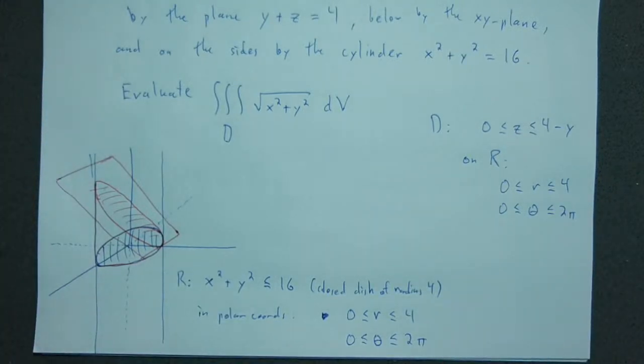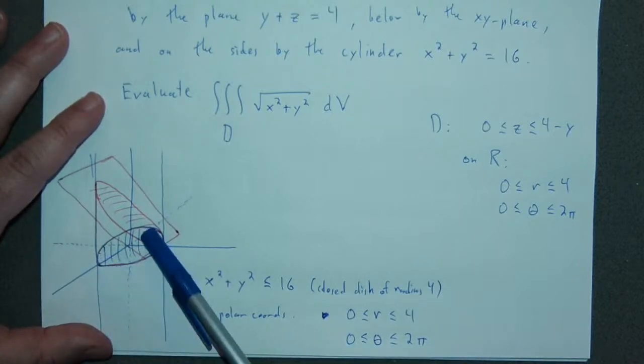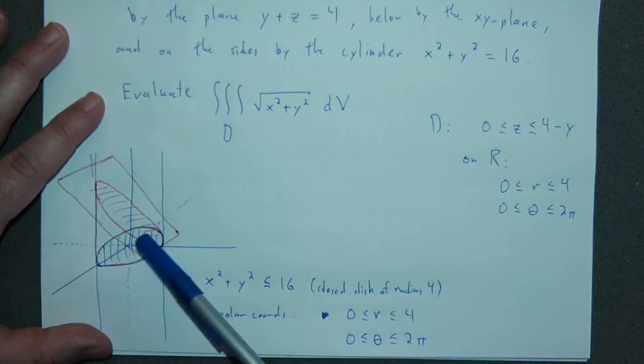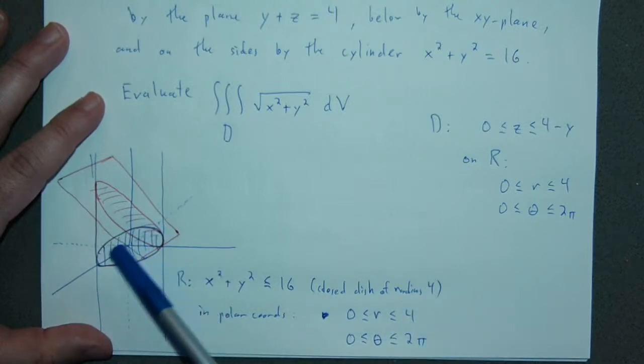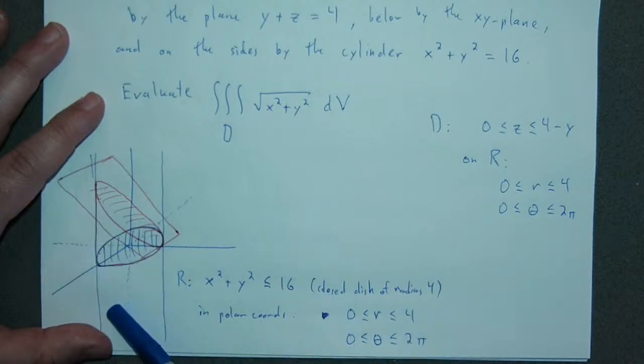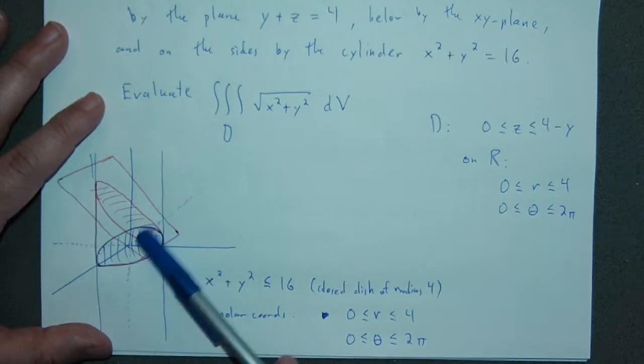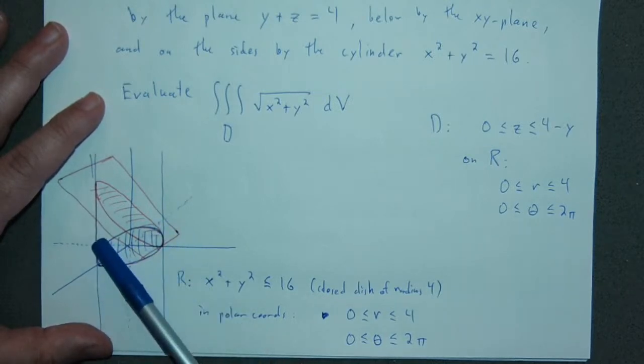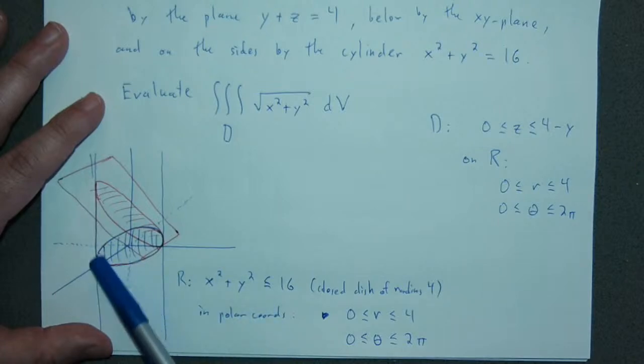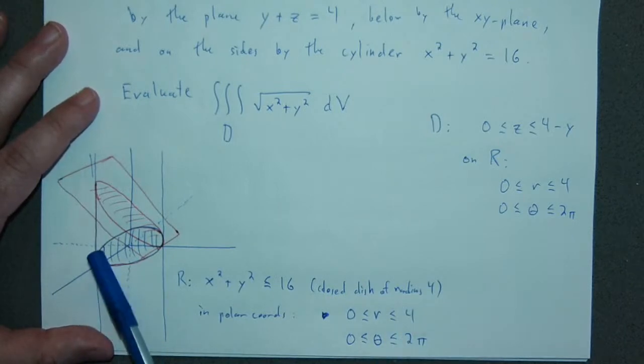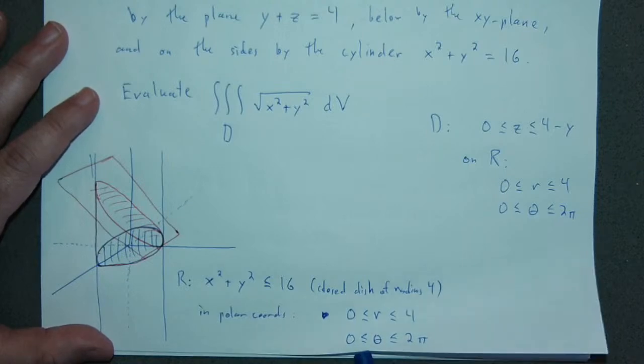Okay. Now, of course, theta would go from 0 to pi if it was only the top half, right? Theta would be between pi and 2 pi if it was the bottom half. If it was the right half, we could rework this so that I could use negative theta values.